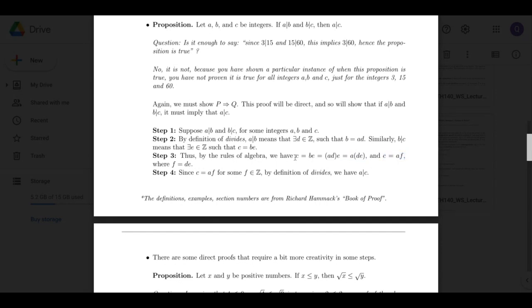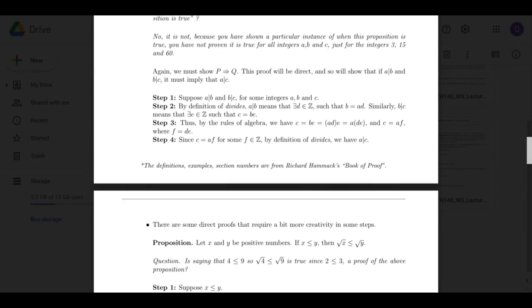This is enough: C equals A times DE is enough to say A is a factor of C, or A divides C. Okay, anyone has any question for this proof? All right, good. Let's keep going.